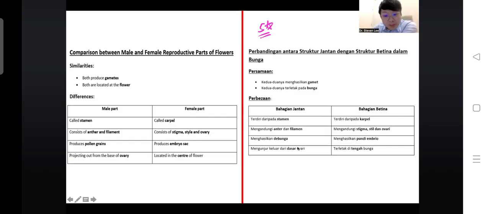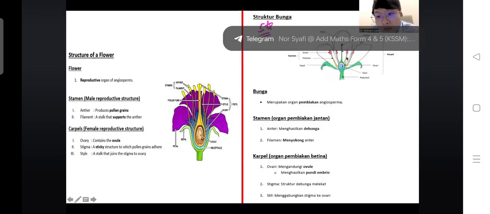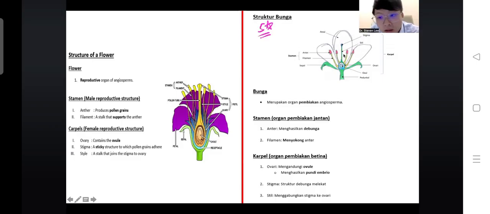You don't understand this last point? Okay, fine. See this. Do you see the stamen? They all come out from the base of the ovary. That means they come from the ovary. Whereas for carpel, they are in the middle of the flower.